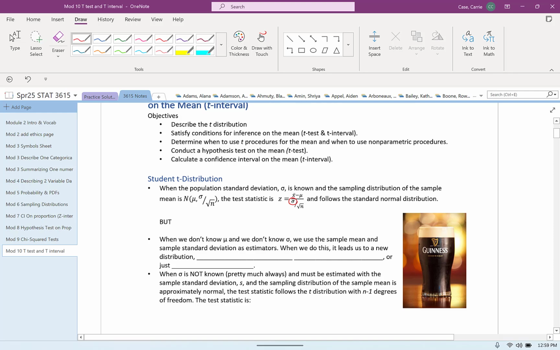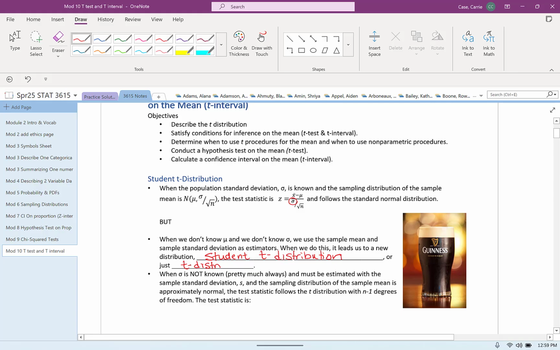But because we've added this extra estimator, s for sigma, this leads us to a new distribution called the student T distribution, or it can just be called the T distribution. And I'm just going to write T distn for distribution.